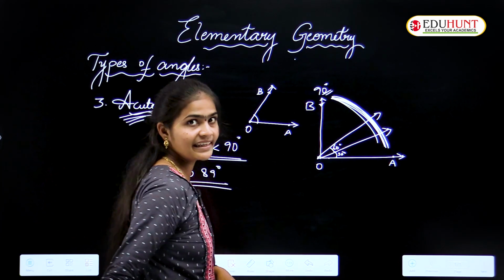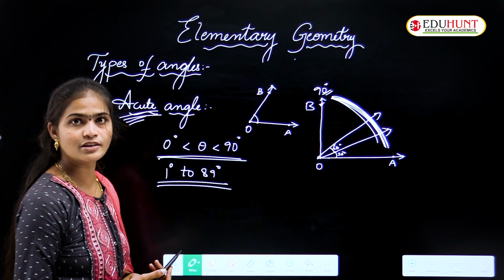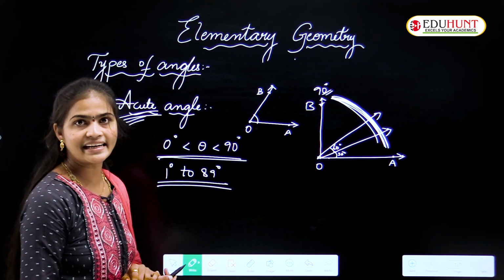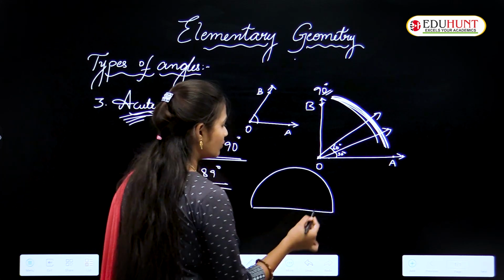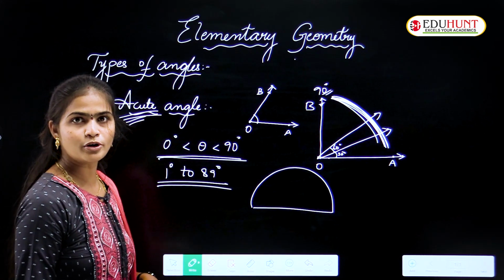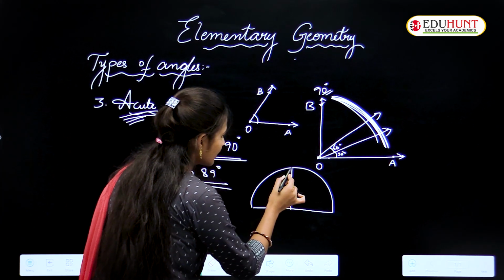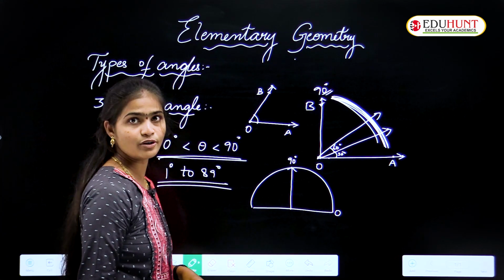If we use a protractor we can measure angles, no? So once you observe the protractor like this, you will get the 90 degrees angle. This is the shape of the protractor. Exactly here we can observe 90 degrees and here we can observe 0 degrees.